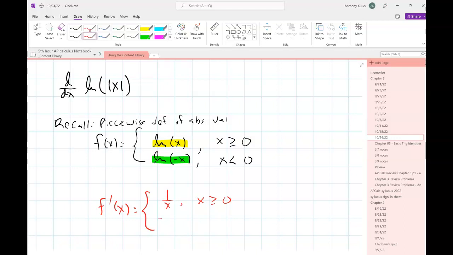So it'll be 1 over negative x times the derivative of negative x, which is negative 1. And what do you notice? It's just equal to 1 over x. It's kind of a surprising result.